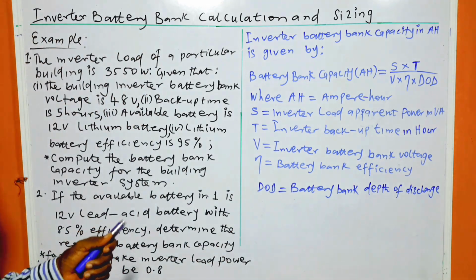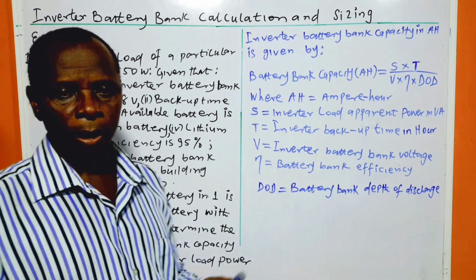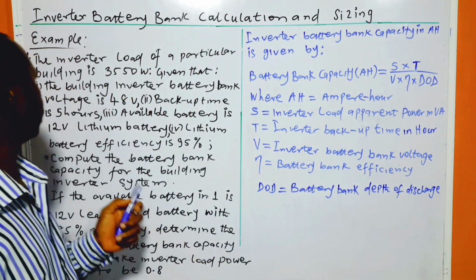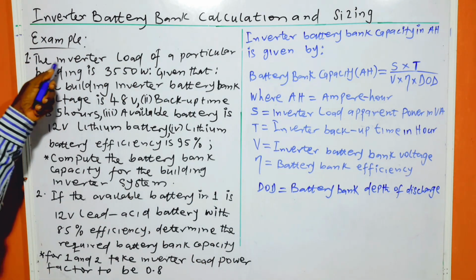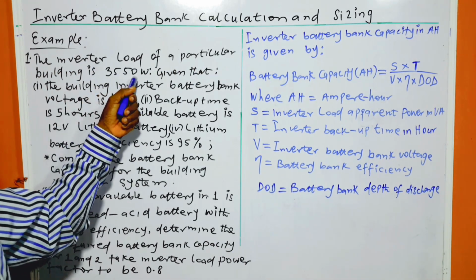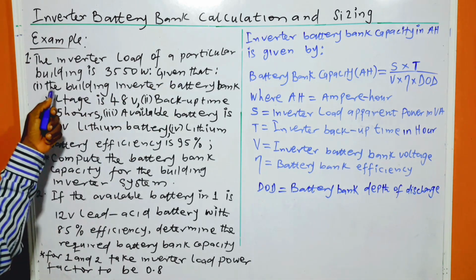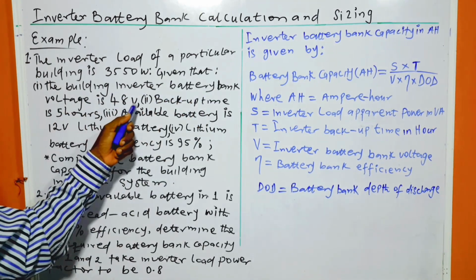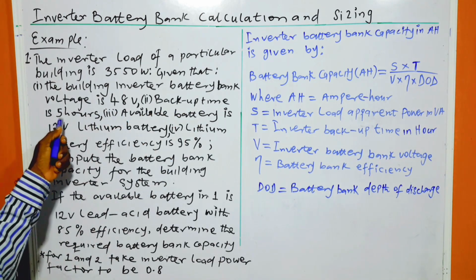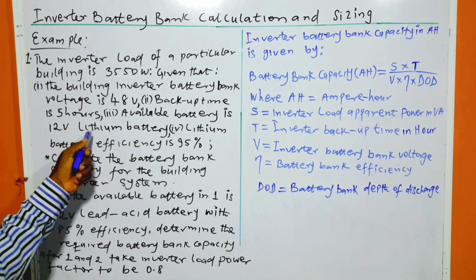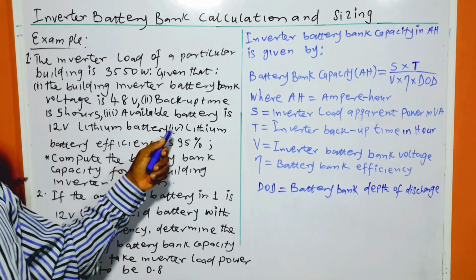Alright, so I'm going to use a practical example to illustrate the concept. Please follow me. Example: the inverter load of a particular building is 3,550 watts, given that the building inverter battery bank voltage is 48 volts, backup time is 5 hours, and the available battery is a 12 volt lithium battery.